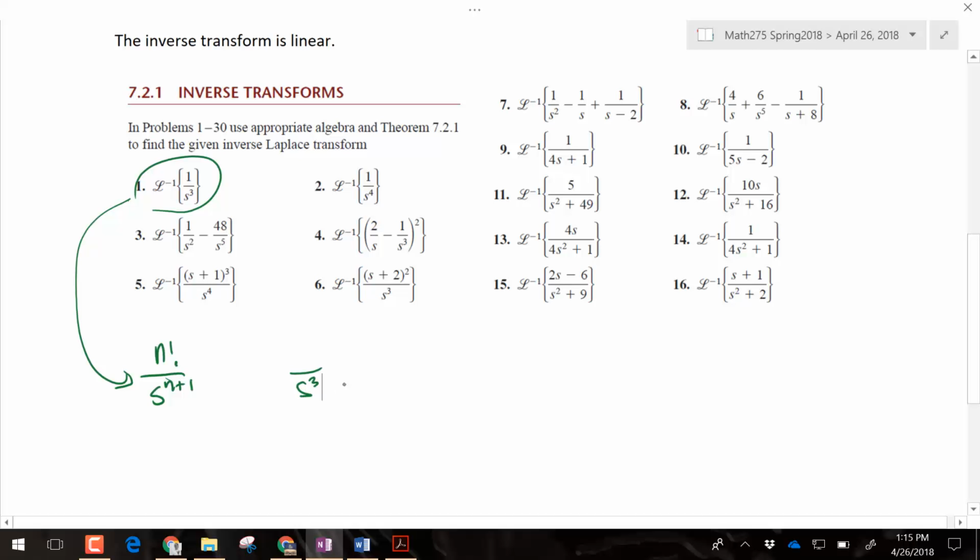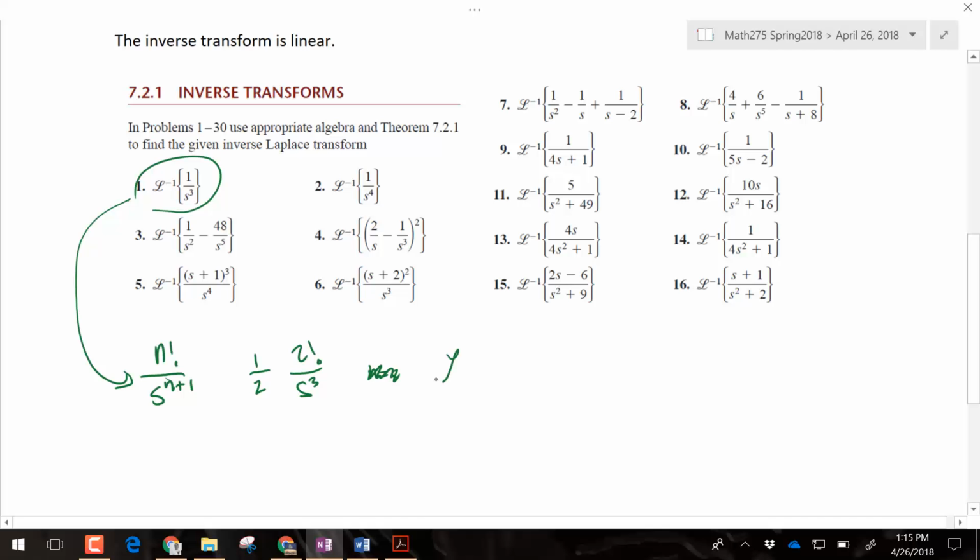This is to the third power, so n must equal 2, right? But we don't have a 2 factorial up in the numerator. So what we can do is take out a 2 factorial by multiplying by 1/2.